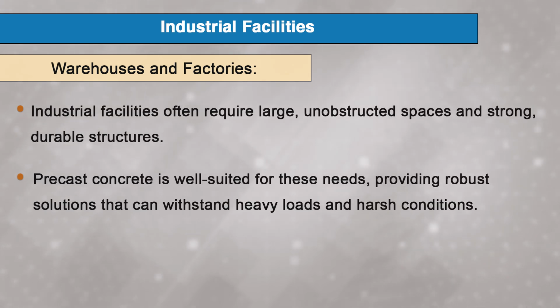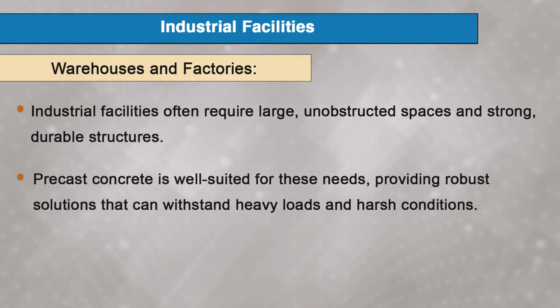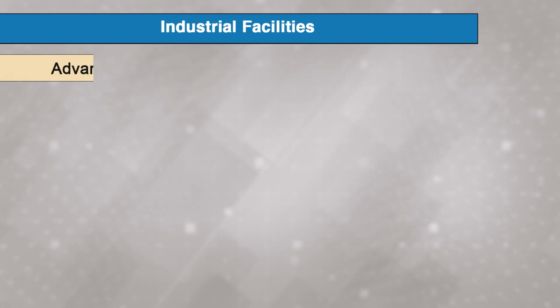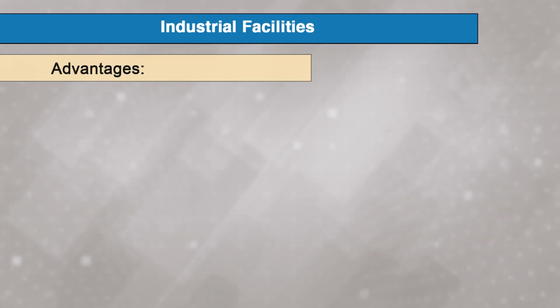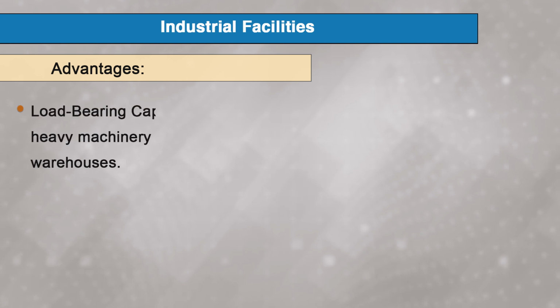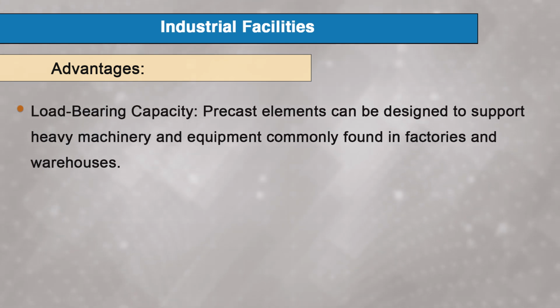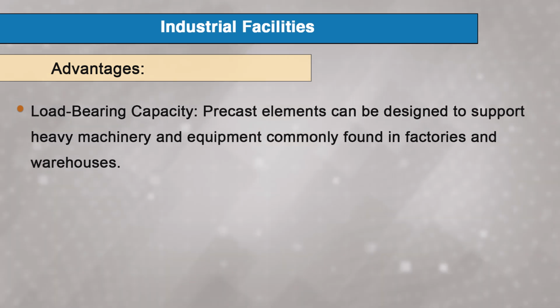Industrial facilities often require large unobstructed spaces and strong durable structures. Precast concrete is well suited for these needs, providing a robust solution that can withstand heavy loads and harsh conditions. Its advantages include load bearing capacity and the resilience. Talking about the load bearing capacity, precast elements can be designed to support heavy machinery and equipment commonly found in factories and warehouses.